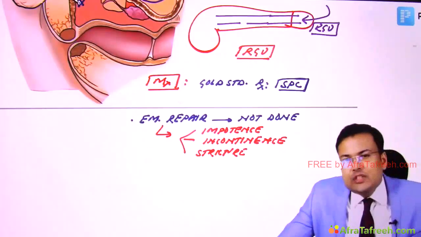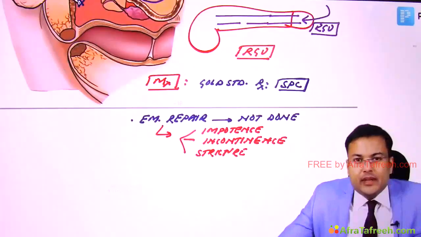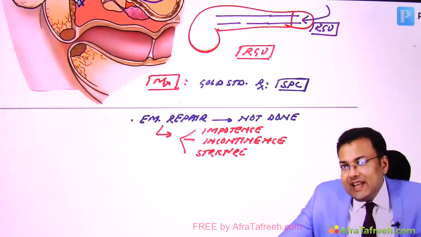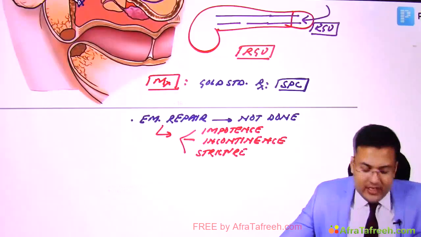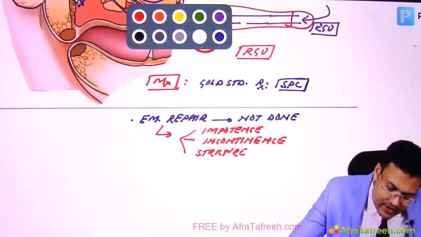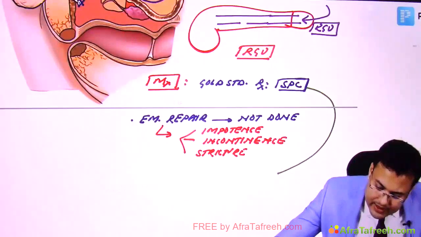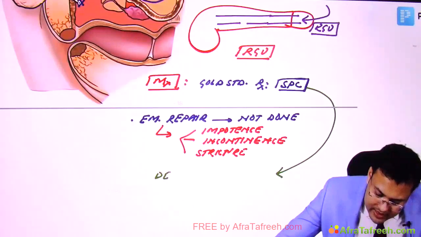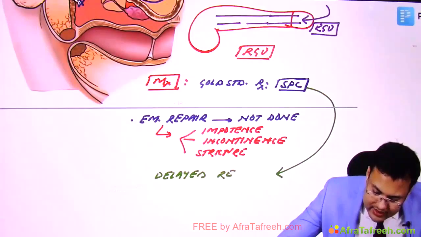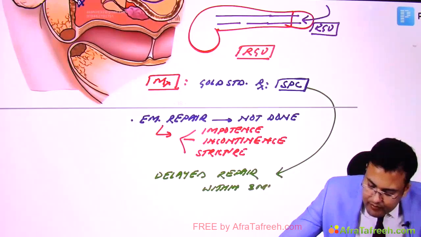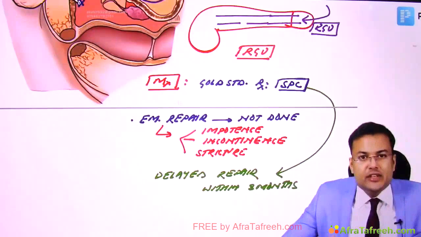After how much time are you going to perform the repair? We have to perform the delayed repair. Generally it's done within 3 months. So after SPC, we perform delayed repair, and generally this delayed repair is performed within 3 months. Clear? So this is posterior urethral injury.